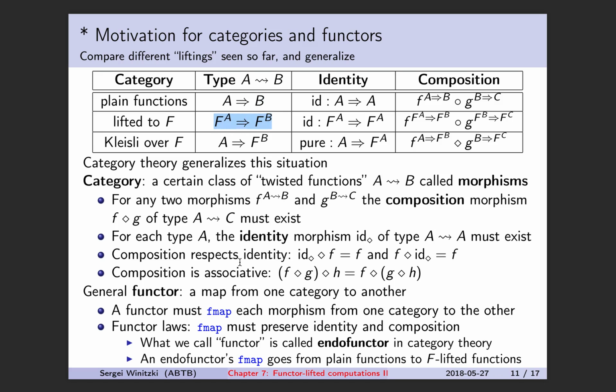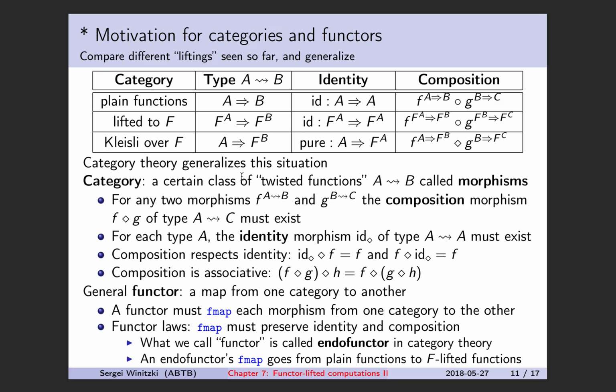Category theory generalizes this to say that a general kind of functor can be a map of lifting from any one category to another. So for example, from this to this could be, or from this to this. And the laws will still be the same, the identity and composition laws for the functor.